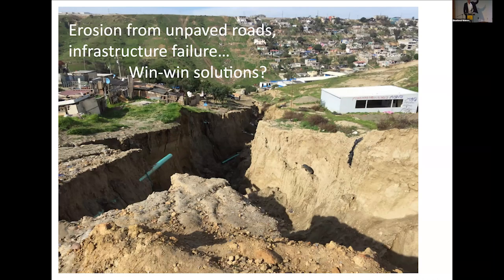On the sort of marginalized periphery of Tijuana, there are a lot of neighborhoods like this. Unpaved roads that get undermined during big storms. The water supply fails due to catastrophic failure of infrastructure.